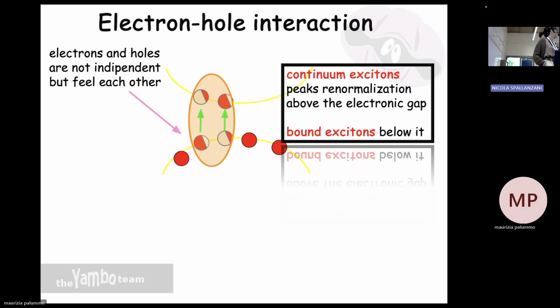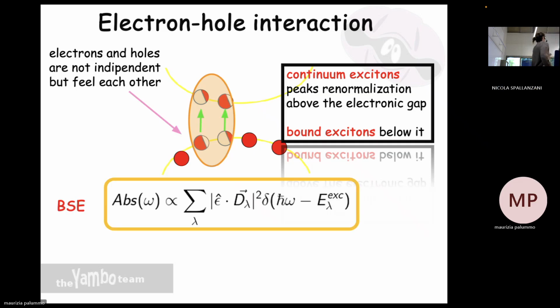And then, more importantly, in many materials, not all, you are able to obtain bound excitons. Bound excitons are peaks that you see below the electronic gap, that you can never obtain at the one-particle level. So what we will try to see now is how to include these two physical phenomena.